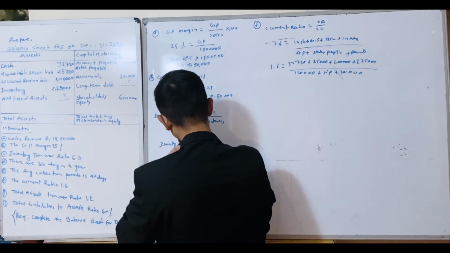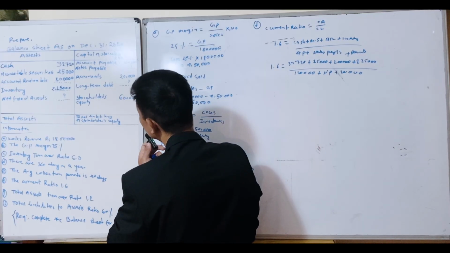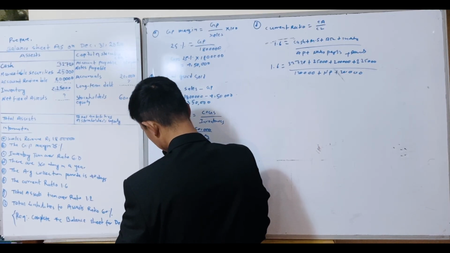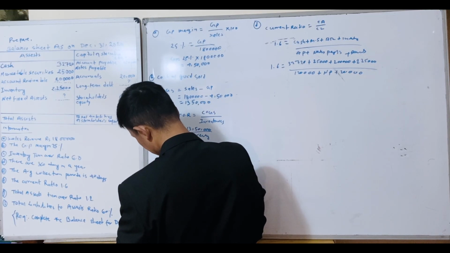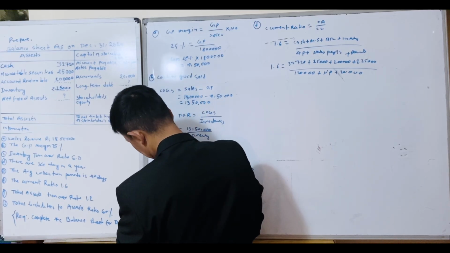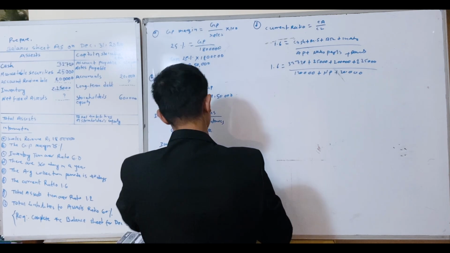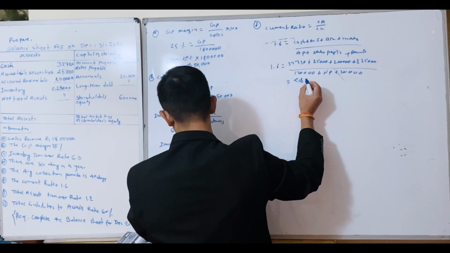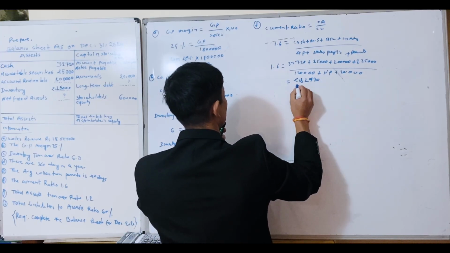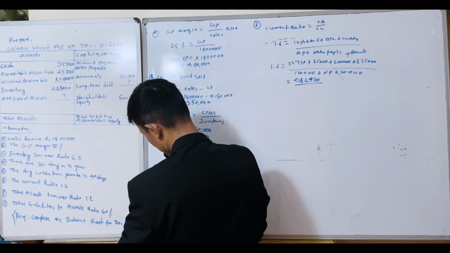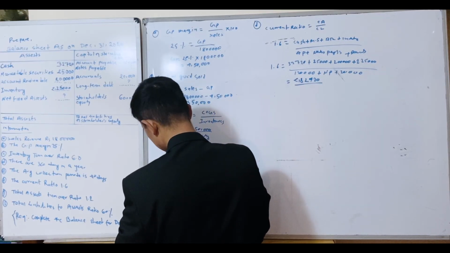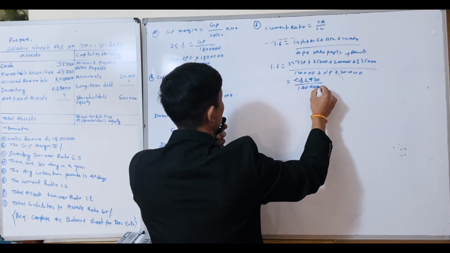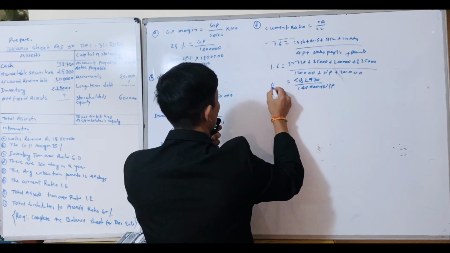Let's do some calculations here. 32,720 plus 25,000 plus 2 lakhs plus 2 lakh 25,000. We get total current assets as 4 lakh 82,720. Then we get 120 plus 20,000 is known as 140,000 plus notes payable, 1.6.